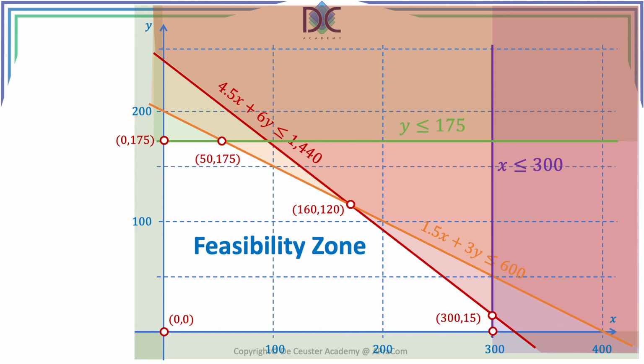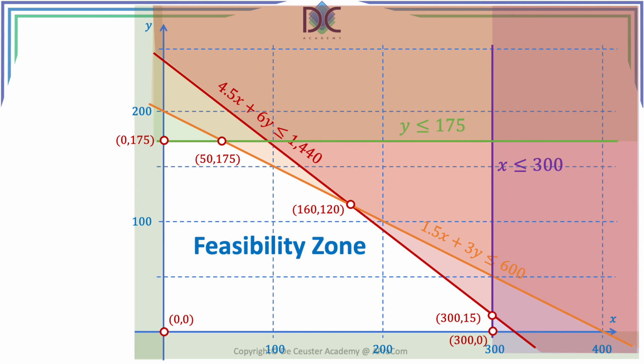I added some extra ones here, and we see that we can have solutions in 0, 0, 0, 175, 50, 175, 160, 120, 315, and the last one is 300. And this is basically the start of the way to use the corner point method.